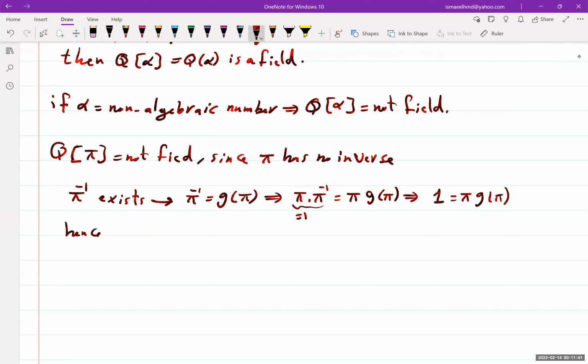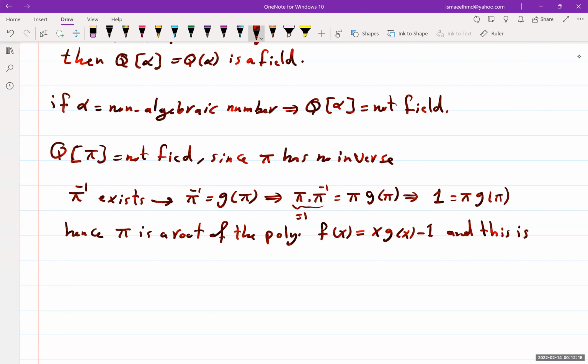Hence, pi is a root of the polynomial f of x equal to x g of x minus 1, and this is a contradiction, because pi is non-algebraic, not a root of any polynomial. Hence, Q of pi is not a field.